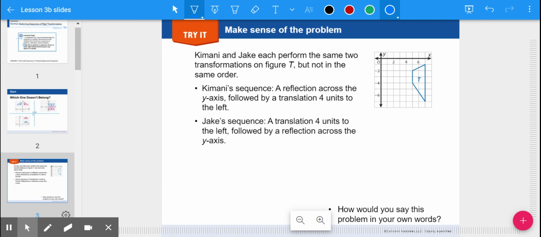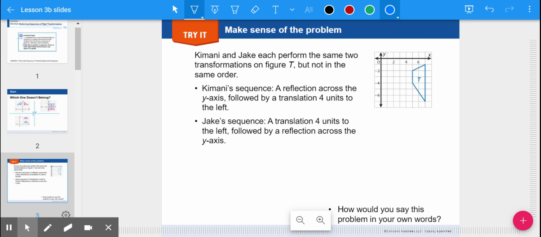So let's start with the problem of the day here, and we're going to read through and break it down, and then I'm going to have you try it. Follow along here, please. It says Kimani and Jake each perform the same 2 transformations on figure T, but not in the same order. Kimani's sequence is a reflection across the y-axis, followed by a translation 4 units to the left.